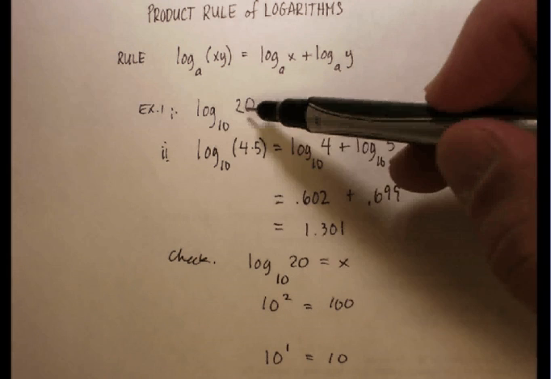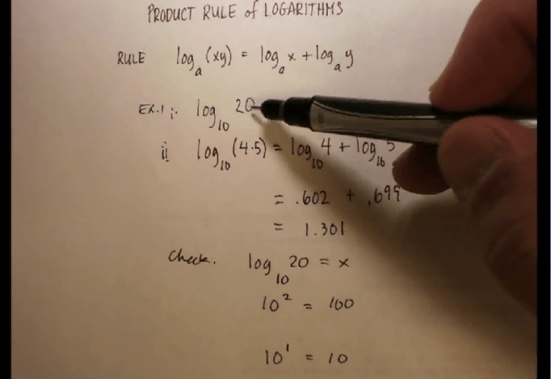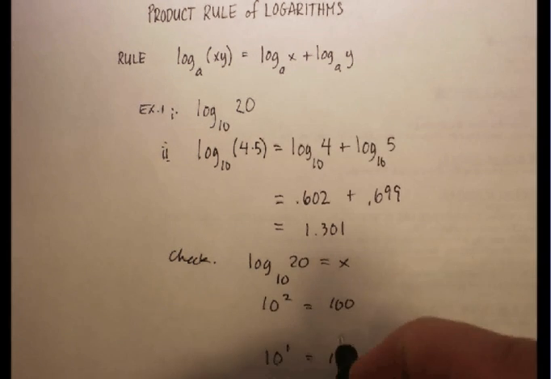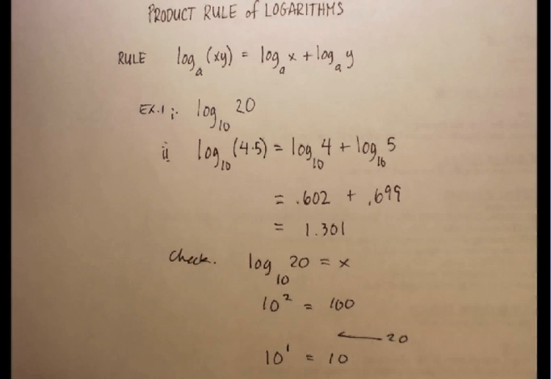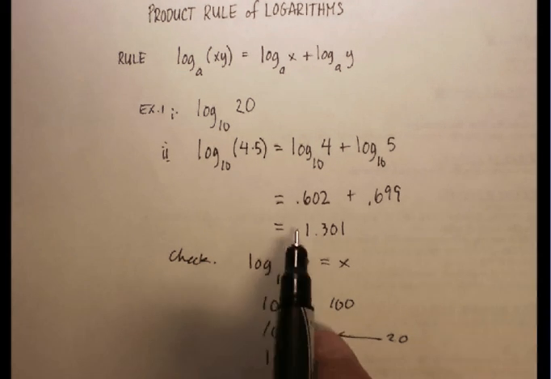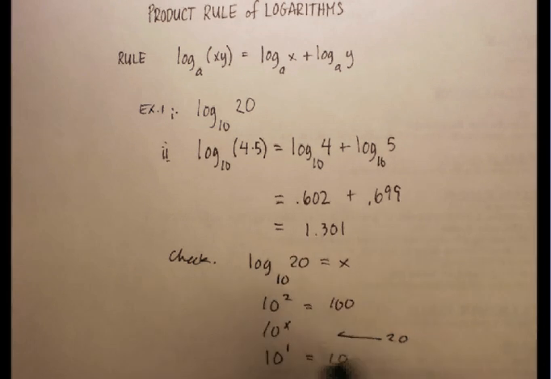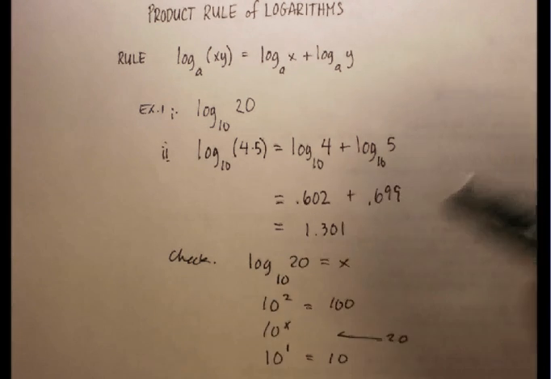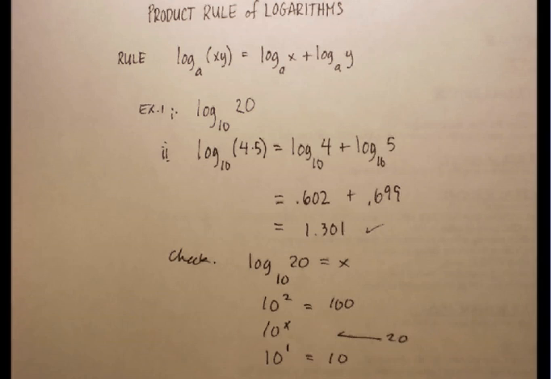Now notice that I need to find log base 10 of 20. So 20 goes in right about there. That tells me that my x is somewhere between 1 and 2. And sure enough, when I look at my answer, it is 1.301, which is between 1 and 2. This is probably a good answer.